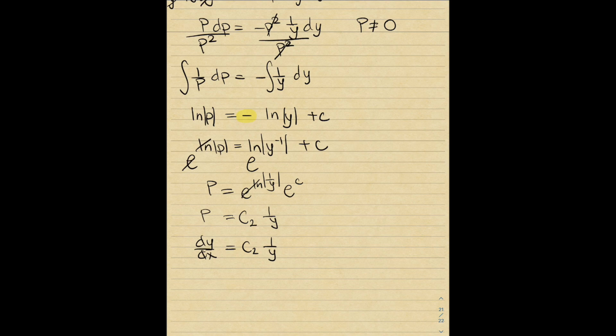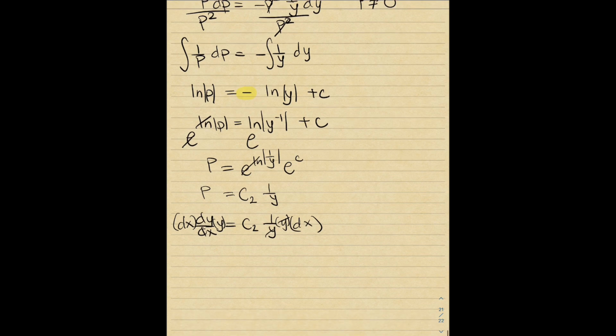So we can multiply both sides by y, and we're going to go ahead and move the dx to that side as well. So we've got dx on both sides, and we're going to multiply by y on both sides. And these are eliminated. So we got y dy equal to constant 2 dx.